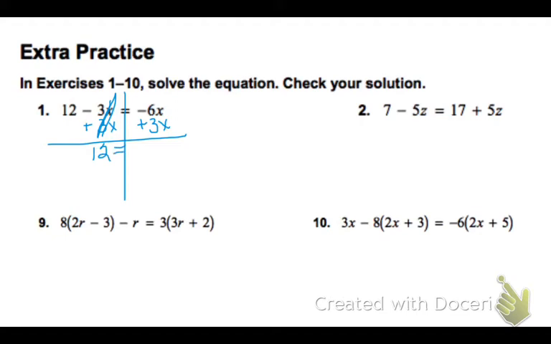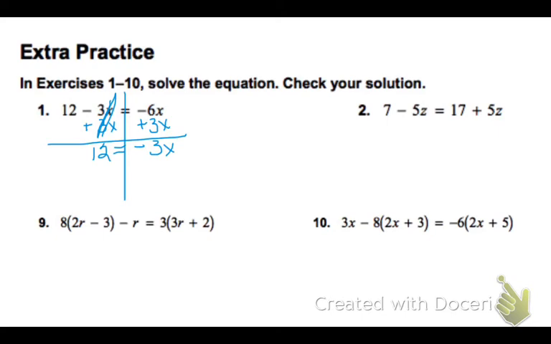And then we have an integer problem here, negative 6x plus 3x. They're like terms, so we can combine them now. Negative 6 plus 3 will simply be 3x. Sorry, negative 6 plus 3 would be negative 3x. Got to get this straight. Okay, Miss Kleiman, let's go. All right, so 12 is equal to negative 3x.